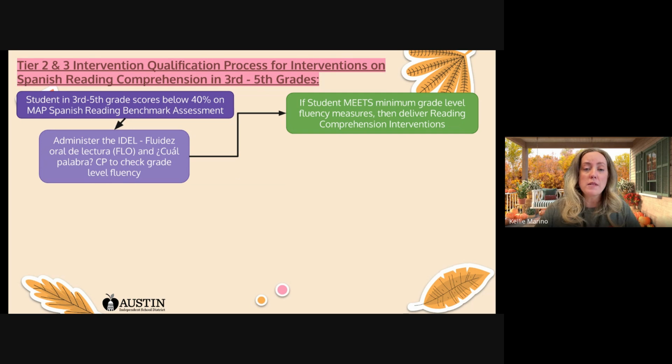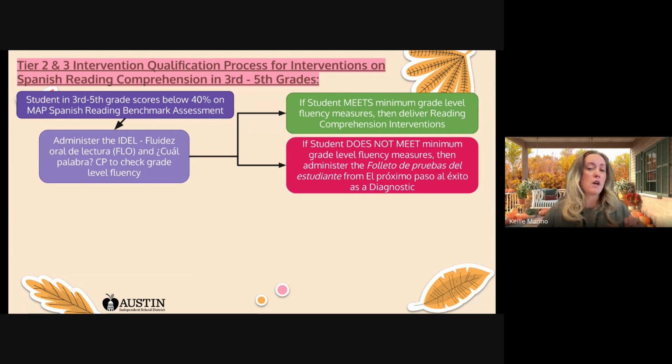If the student meets the minimum grade level fluency measures, then you deliver reading comprehension interventions. Same as before, if the student does not meet the minimum grade level fluency measures, then we are going to administer the folleto de pruebas del estudiante from the El Próximo Paso al Éxito as a diagnostic.